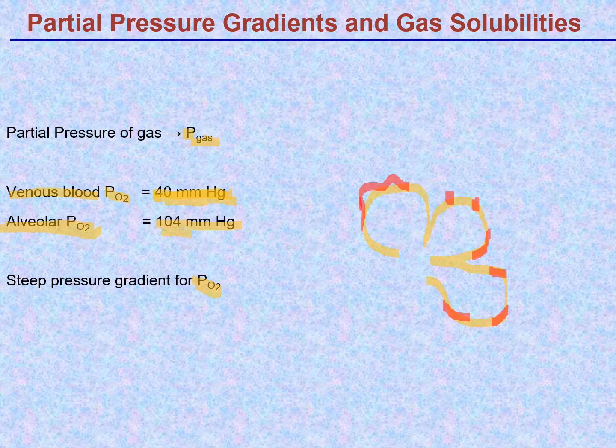Whereas in the alveolar space, that means in here and here and here, PO2 is 104, so there's a big difference in the pressure gradient, and therefore that helps drive or pull oxygen, that helps allow oxygen to diffuse into the blood.